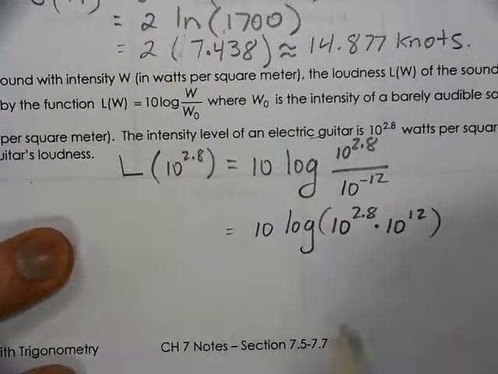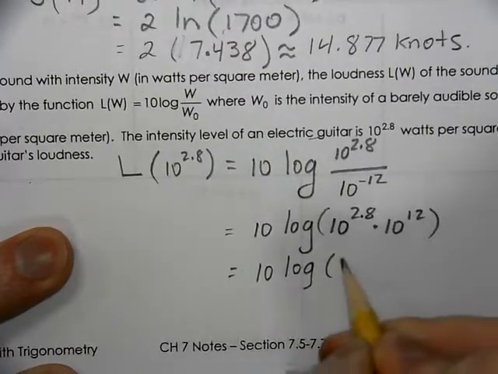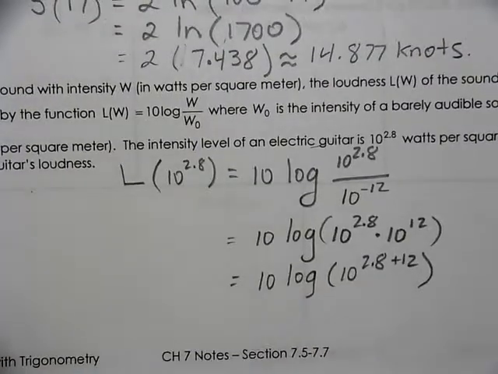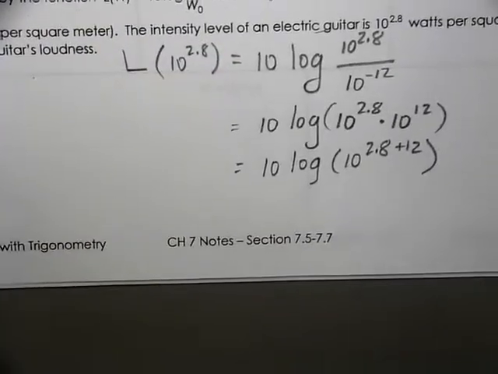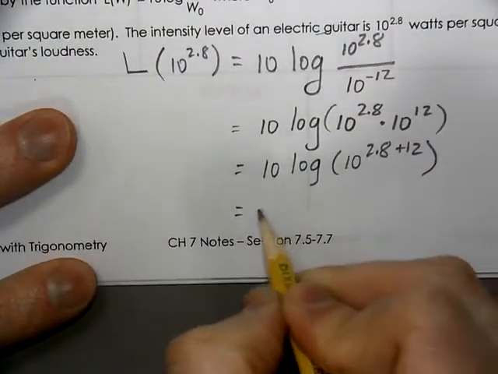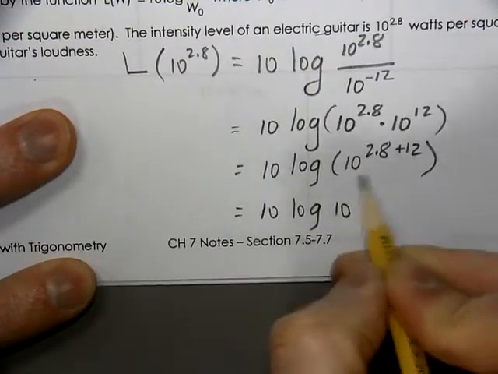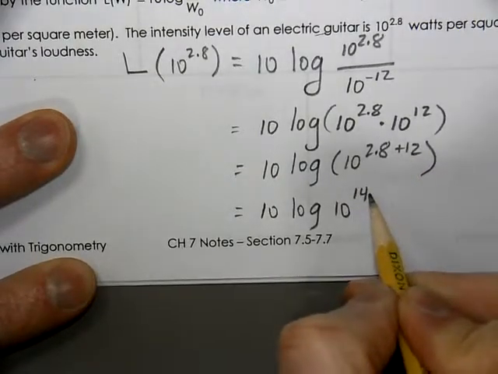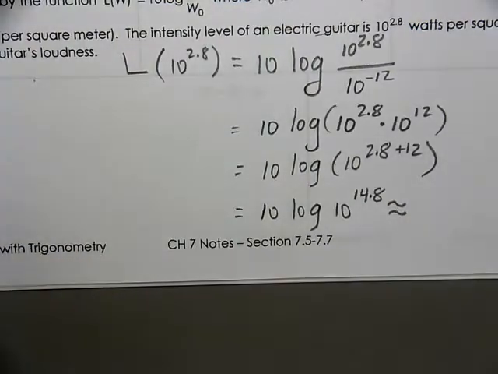So now we're going to take that and we'll add the two exponents together. So that's going to give us 10 to the log of 10 to the 14.8, which is going to be an approximation again, because we're going to get this crazy decimal.